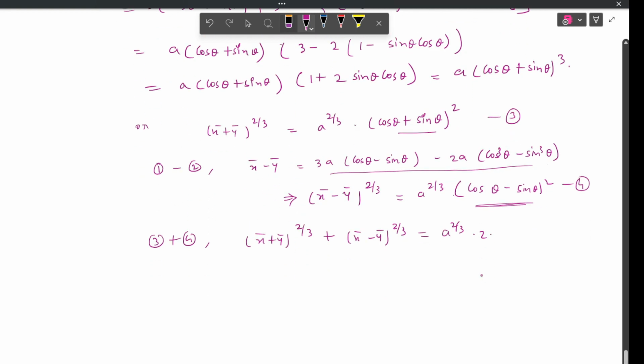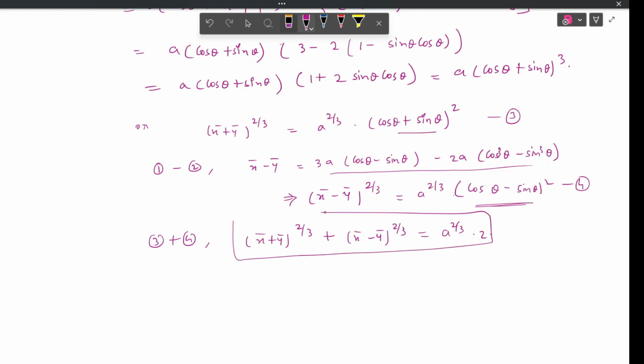So locus of the center of curvature is the equation of evolute. So you can say the equation of evolute is this. This is the equation of evolute.